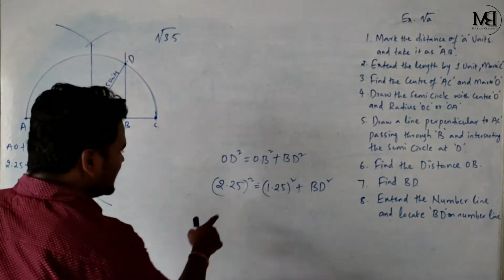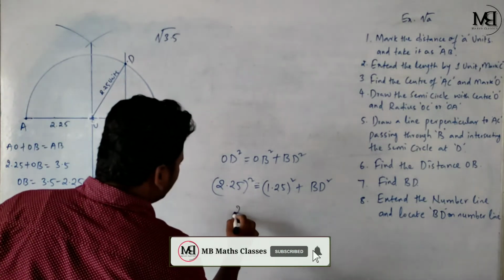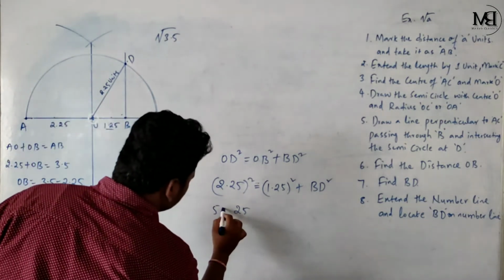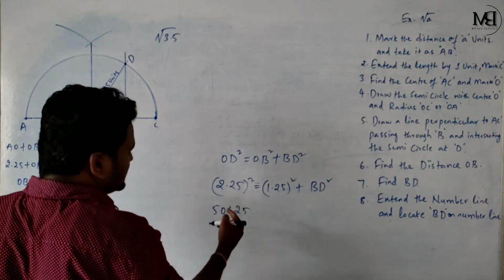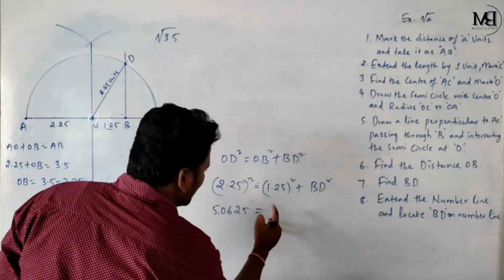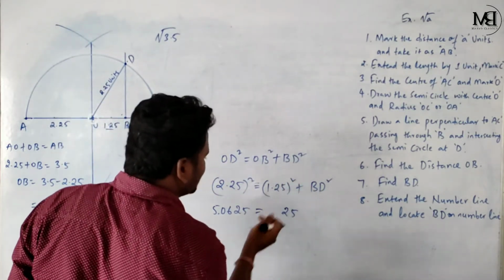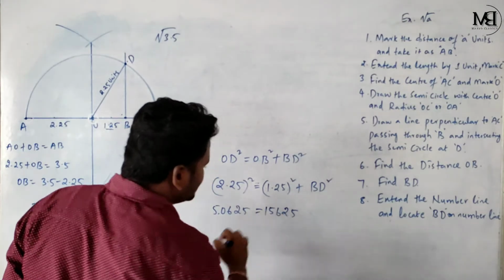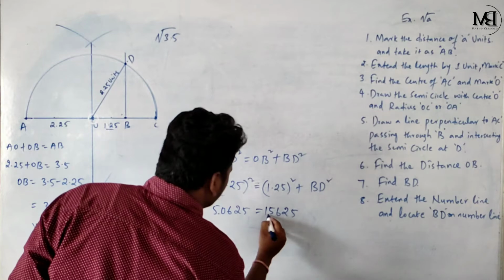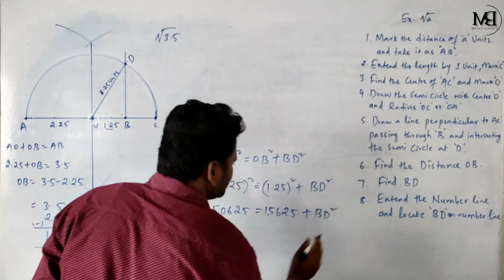Children, for 2.25 whole square we have a shortcut method. 5 fives are 25, and 22 twenty-threes are 506, and we have to take the decimal point after 4 digits. And for 1.25 whole square, 5 fives are 25 and 12 thirteens are 156, and here also after 4 digits we take the decimal point, plus BD square.